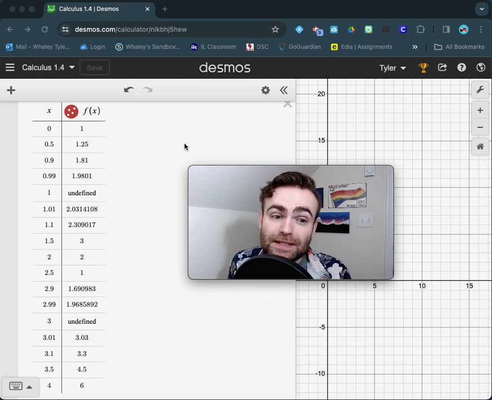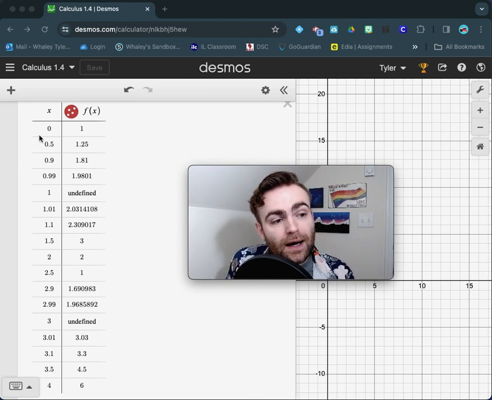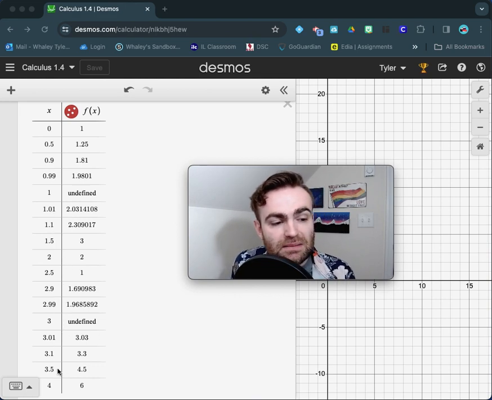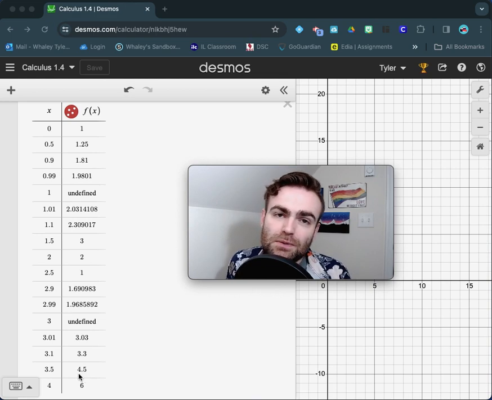And we're going to look at the table and see what happens specifically at our undefined values of 1 and 3. So I have a lovely assortment of x values, some below 1, some above 1, some below 3, some above 3. And we can see some interesting things going on, especially with the choice of numbers I've used.